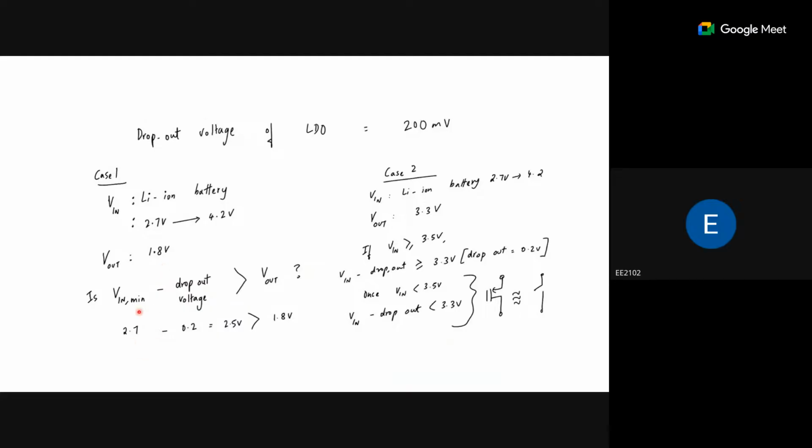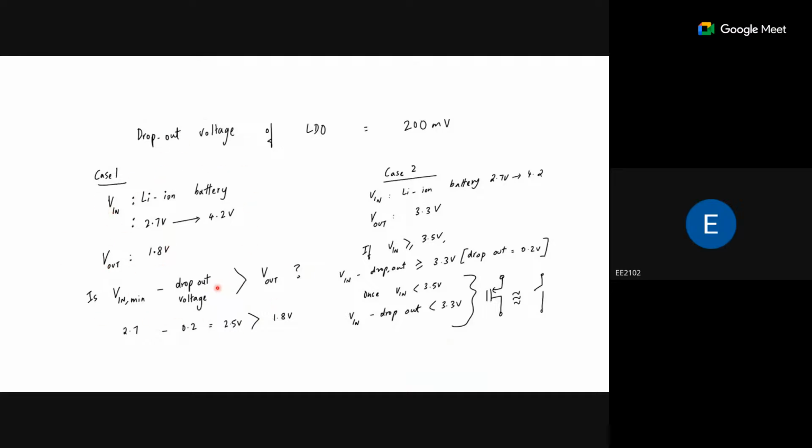If I take the minimum input voltage of 2.7 volt and the dropout voltage is 200 millivolt, that is 0.2 volt, which gives you 2.5 volt. This 2.5 volt is definitely greater than 1.8 volt, so we can definitely get the 1.8 volt from this regulator.